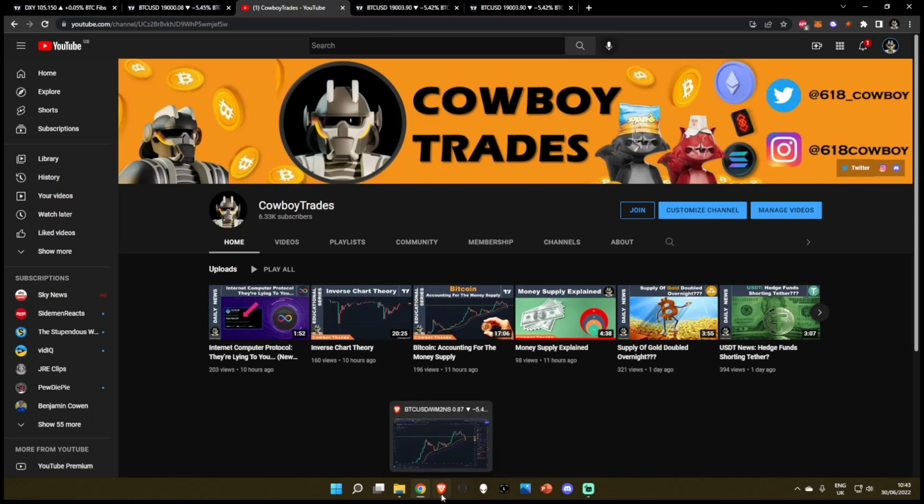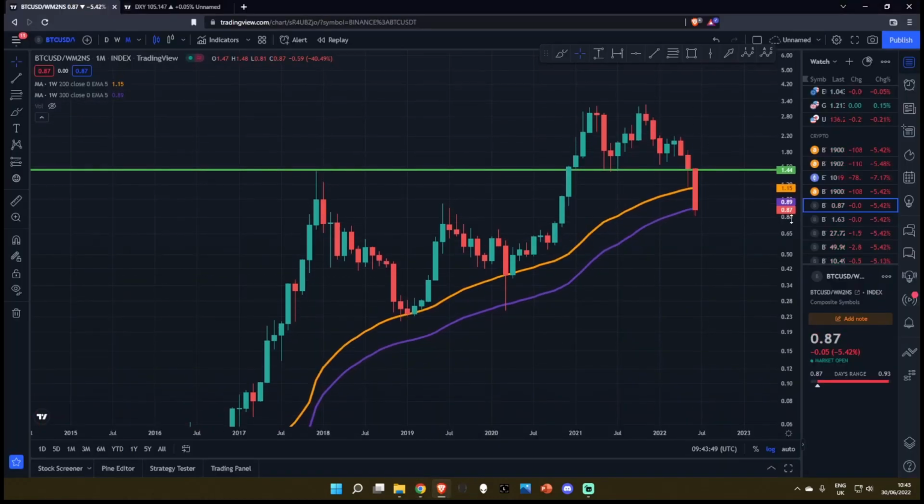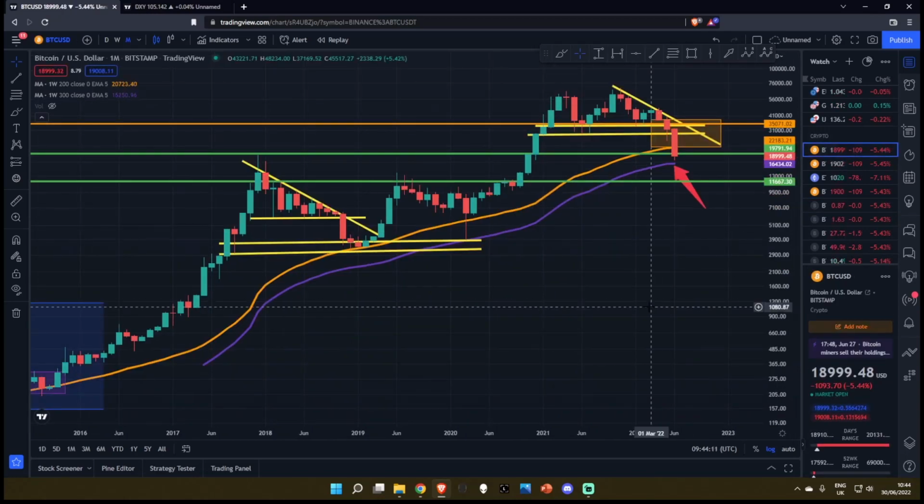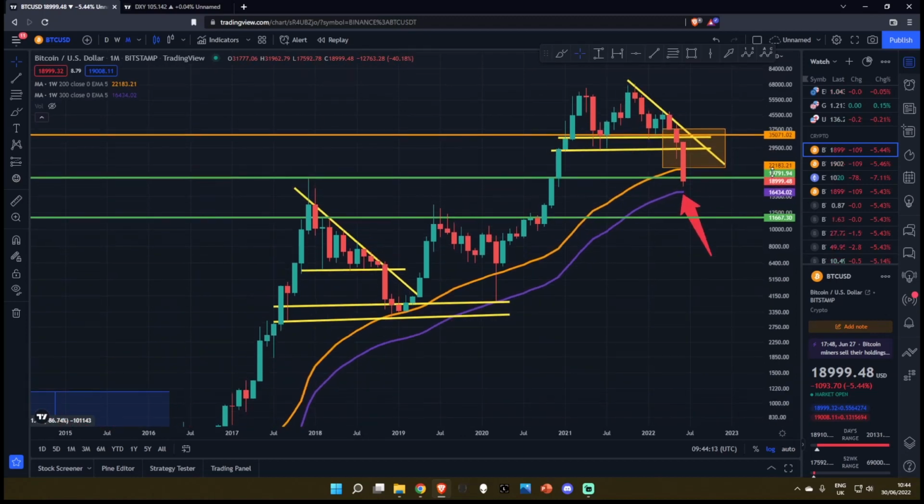Just a quick heads up: Bitcoin was capitulating below its previous all-time high 6 to 8 weeks ago. As you can see, this is when you account for inflation, when you divide it by the M2 money supply, when you're looking at the real growth of Bitcoin because you're taking away inflation. We were long below the previous all-time high, so this was a very nice indicator to give us a heads up that potentially we might be heading down to these price targets as well.